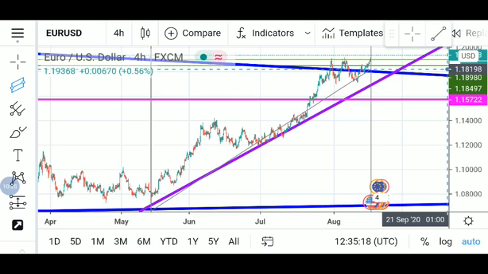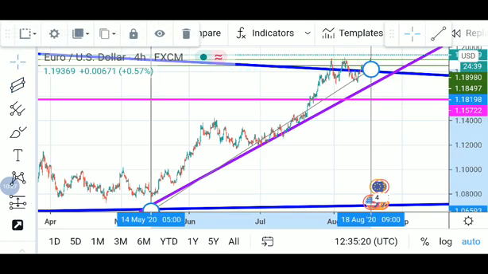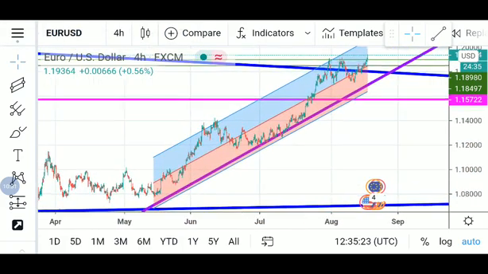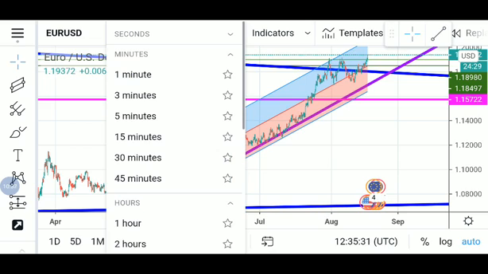Yep, that's what I want. Okay. So once I have this channel, and this channel is on the 4 hour, now we're good. Let's go into the lower time frame where we're going to look at price action. It's going to 15 minutes.